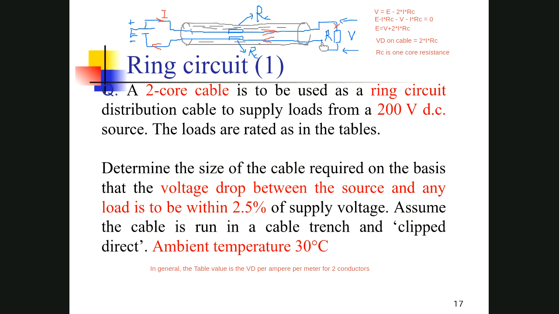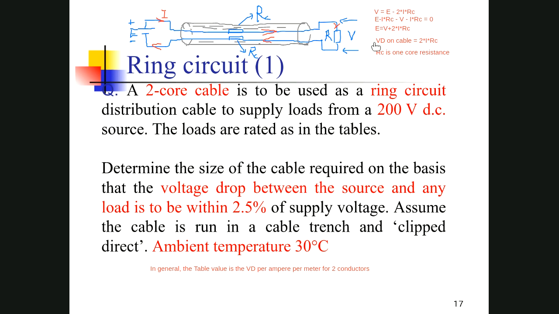The load has resistance R, current I, and voltage V. The load voltage equals the source voltage minus the voltage drops on the cables. Or we say the source voltage minus the one core voltage drop, minus the load voltage drop, minus the other core voltage drop, equals zero. So that's the general relationship between them.